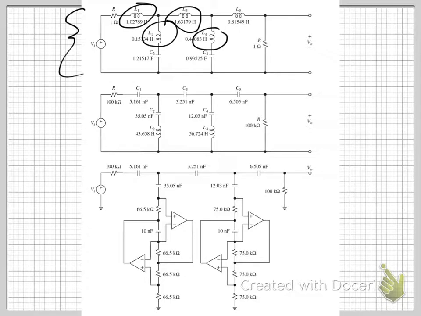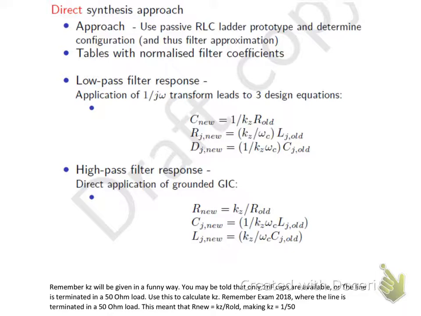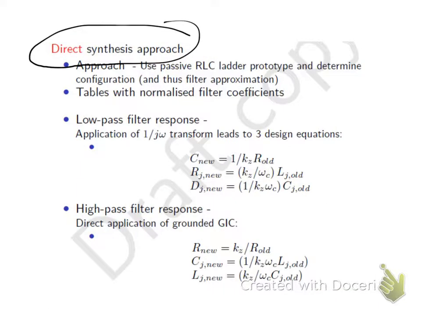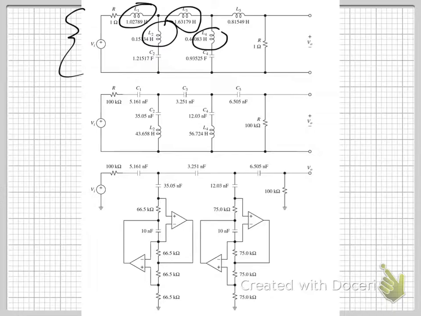So the procedure would be to transform your capacitors and your inductors. And that transformation is done here. As I said, this will be explained better in an example. So you transform your capacitors and your inductors to look like this.